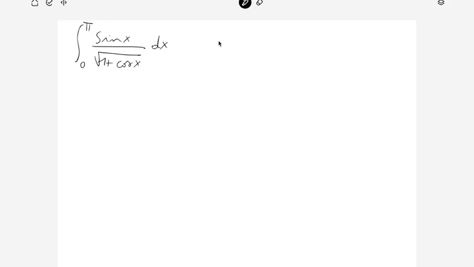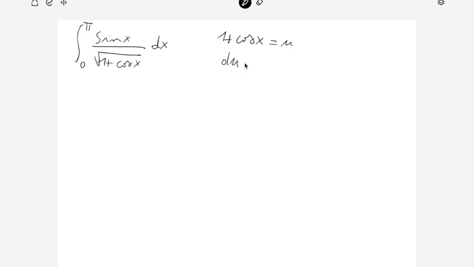So a u substitution can be 1 plus cosine of x. If you want, you can put just cosine of x, but if we add 1, there is no problem because the derivative doesn't change. So 1 plus cosine of x is equal to u.